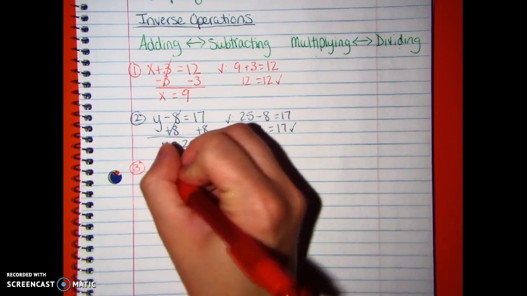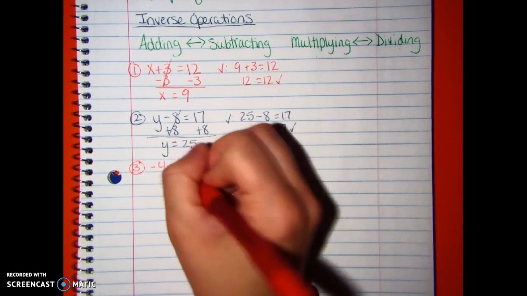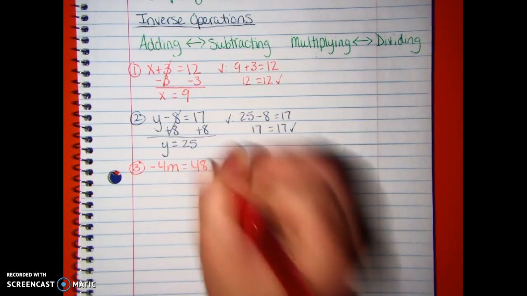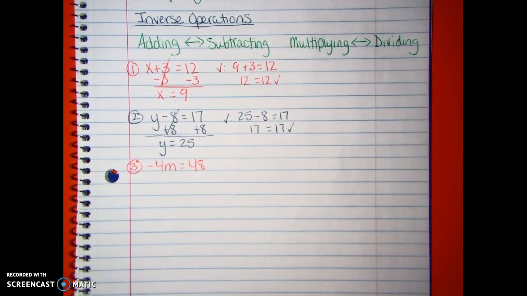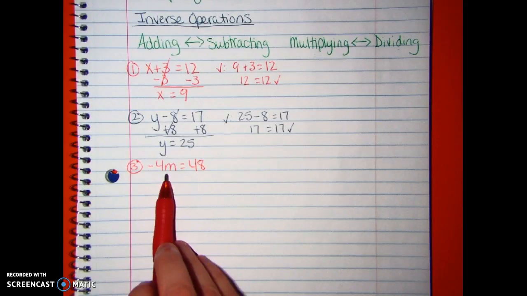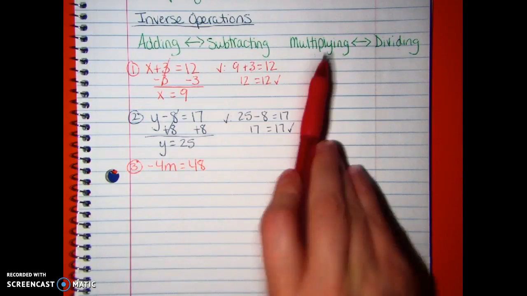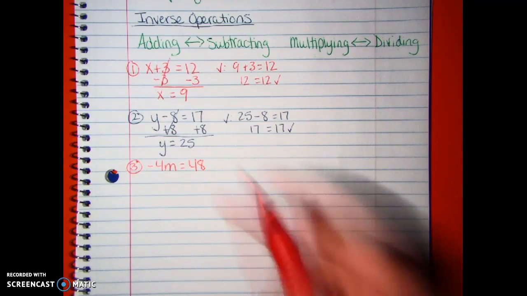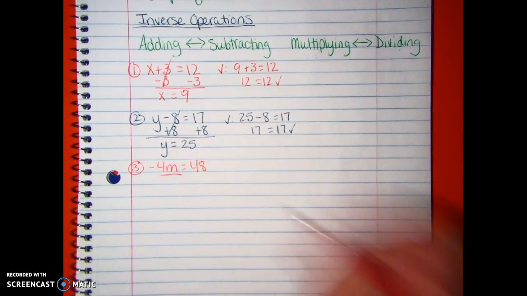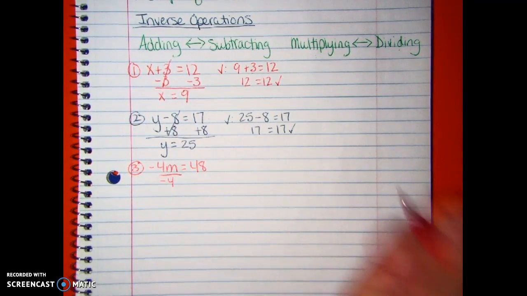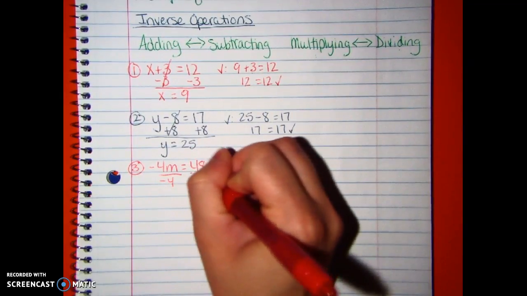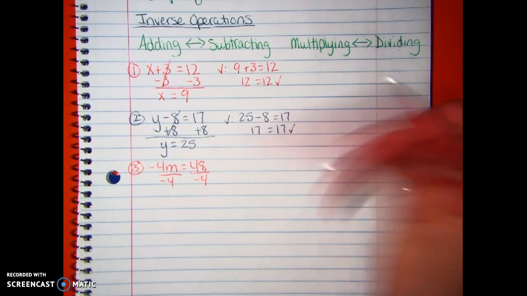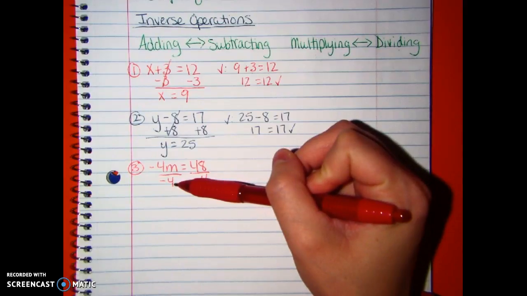This is negative 4m equals 48. Okay, this is negative 4 times m. That means I'm multiplying. So the opposite of multiplying is going to be dividing. So I'm going to divide this side by negative 4. And the other side also is going to be divided by negative 4. Negative 4 divided by negative 4 is 1.